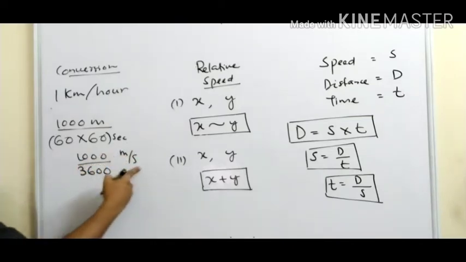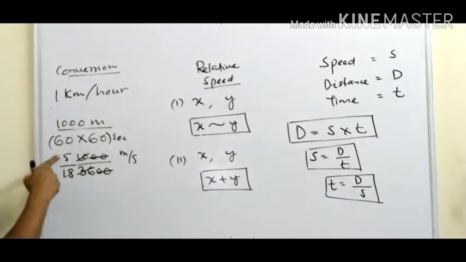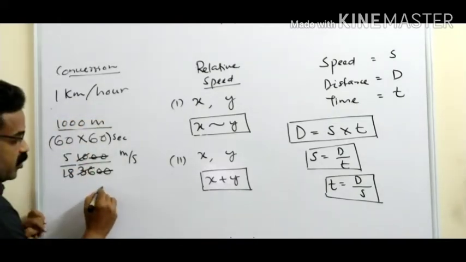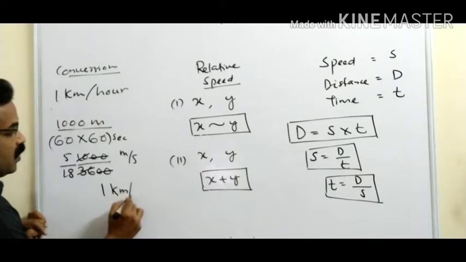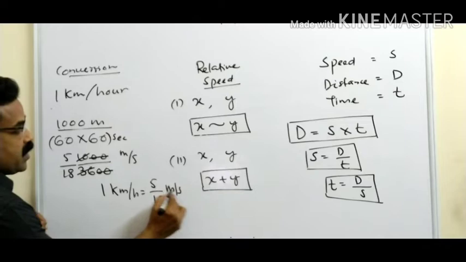I can cut these two zeros and these two zeros, 10 by 36, I can cut with 5 and 18. That means 1 kilometer per hour I can write as 5 by 18 meter per second.